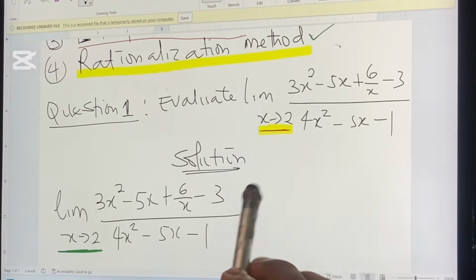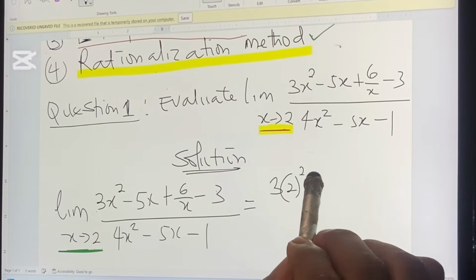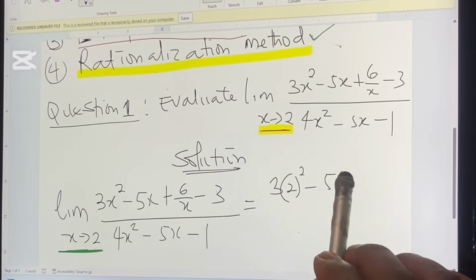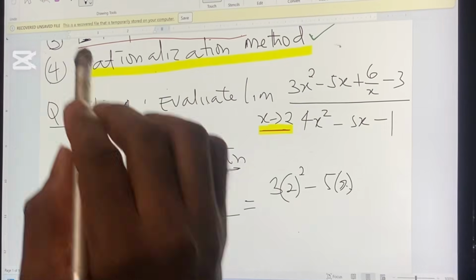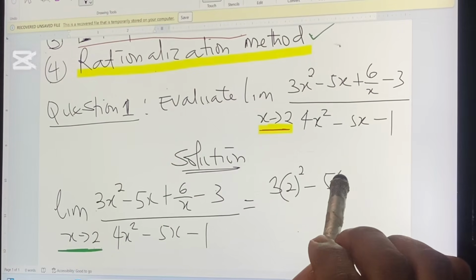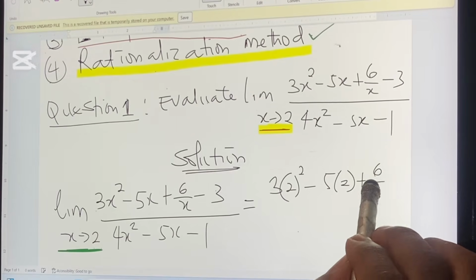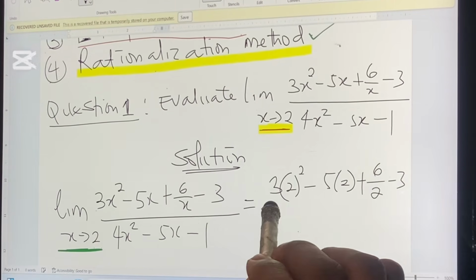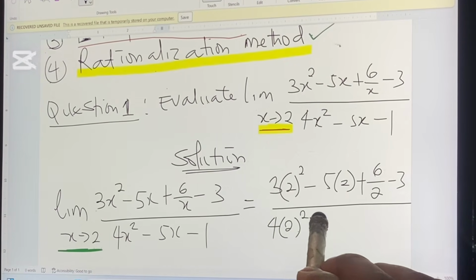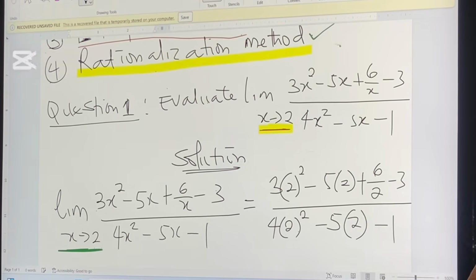When you do that, class, this will be equal to 3 into 2 squared minus 5 into 2 plus 6 over 2, minus 3 over 4 into 2 squared minus 5 into 2 minus 1.